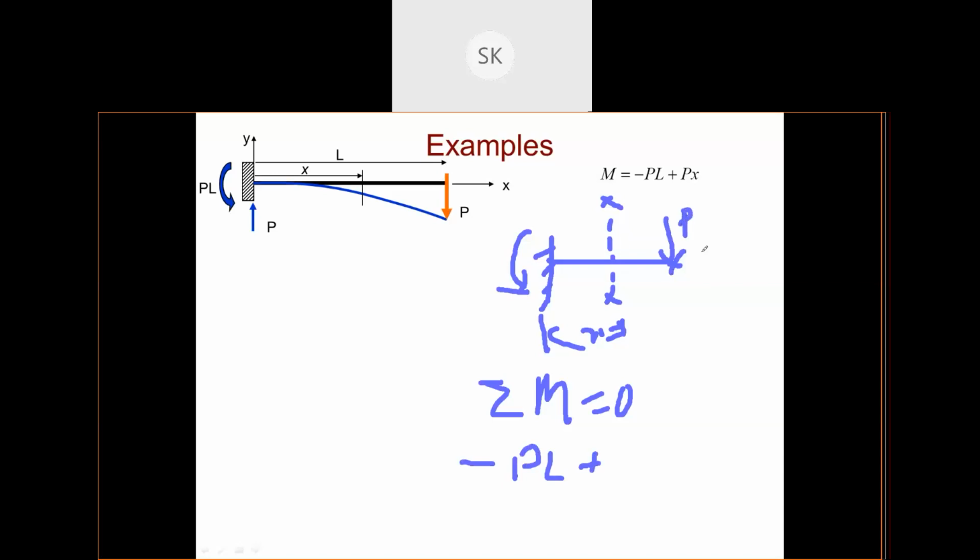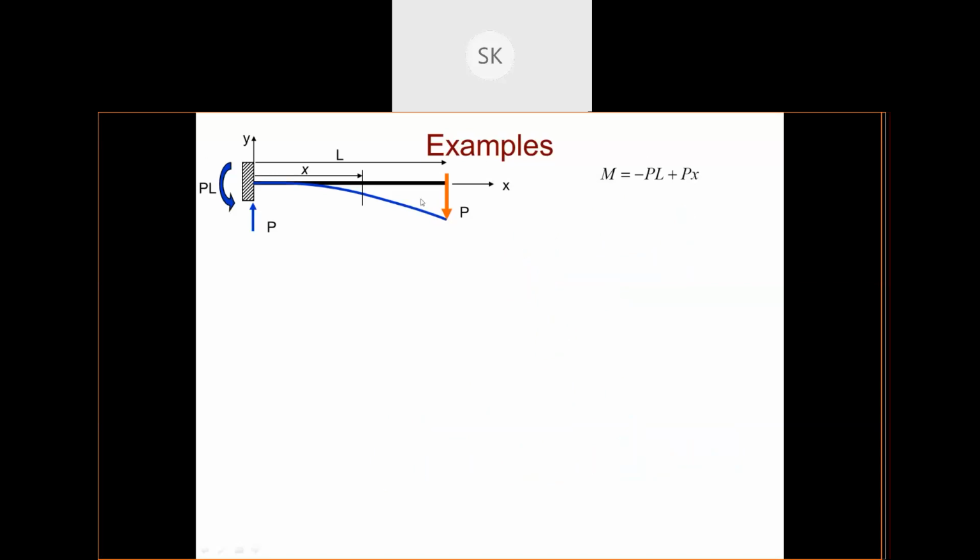This is P, and the distance is x, right? So P into x, clockwise moment, equals 0. So this is my moment equation for this beam, right? That's how you first have to find the moment equation for the given beam. Clear your shear force and bending moment diagram chapter, then only you will be able to find this moment equation.